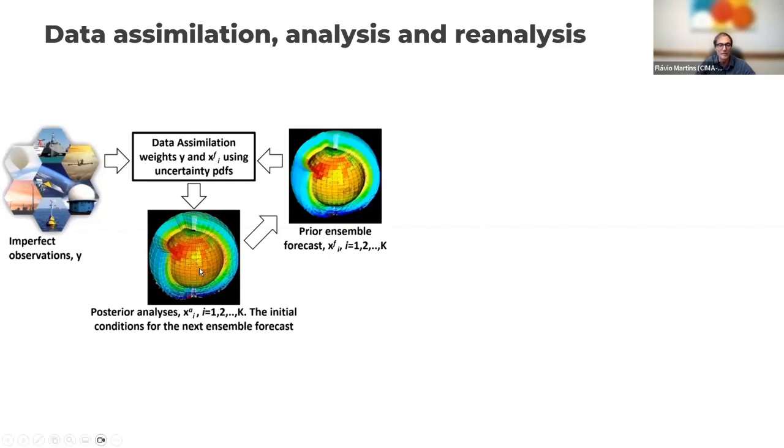And then you run the model for a few days or hours or weeks, whatever, it depends on the model. And then you ingest new data to get a better solution, and so on and so on. So this is the basics of data assimilation.